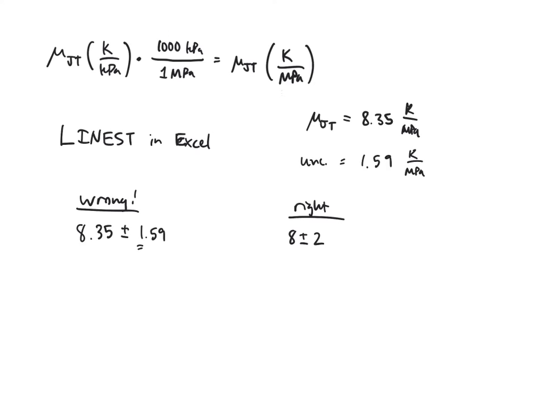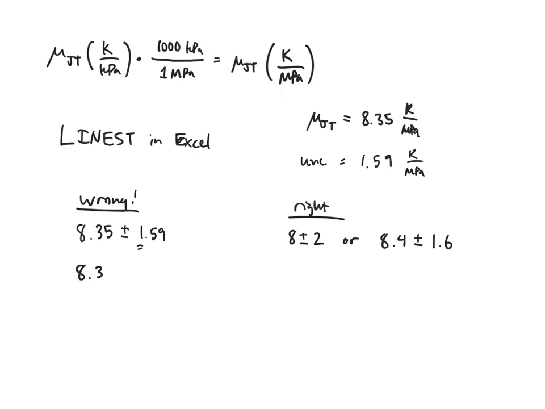Although it is also possible that if the uncertainty begins with the number 1, your other instructors might want you to keep 2 sig figs, and that's fine. I'm okay if you choose to keep 2 sig figs if the first digit of the uncertainty begins with 1. So in that case, you would write 8.4 plus or minus 1.6. Either one of those are okay.